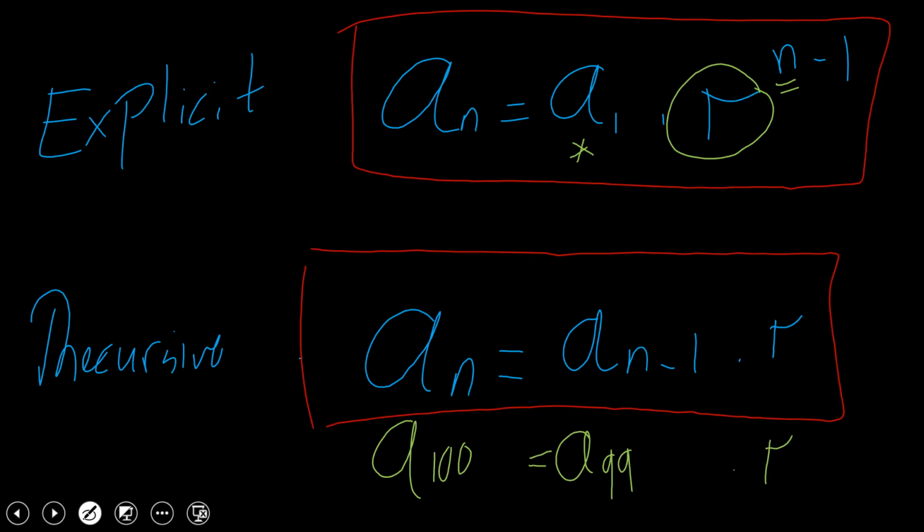Yes, because if I ask you about the explicit, it's very easy for me because I just need the first term and I will find any term you want. But with the recursive, it will be extremely difficult because if I need a sub 100, I have to find a sub 99. But a sub 99, I don't know it. I will go back to a sub 98 and a sub 97 and so on.